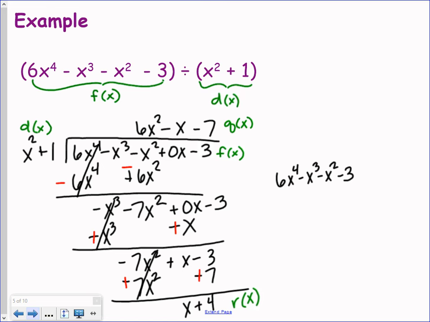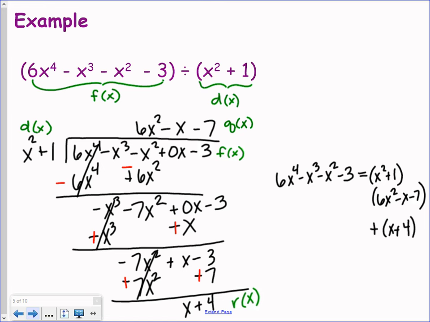is equal to my divisor, x squared plus 1, times 6x squared minus x minus 7, plus x plus 4.